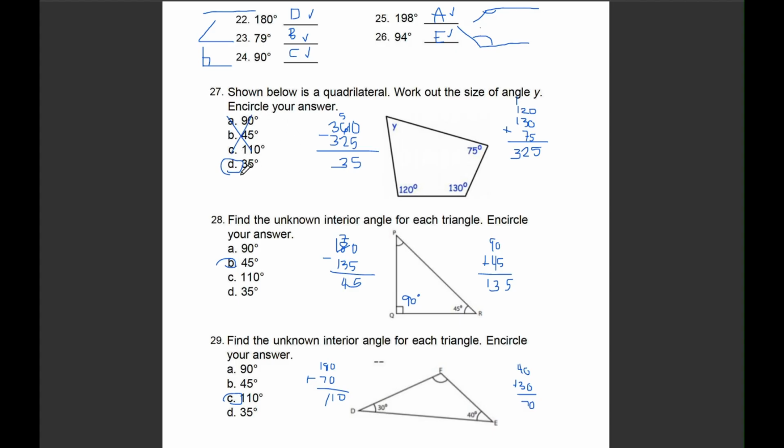Answer: 35 degrees. Formula/working. Sum of interior angles in a quadrilateral is 360 degrees. Y equals 360 minus (120 plus 130 plus 75) equals 35 degrees.